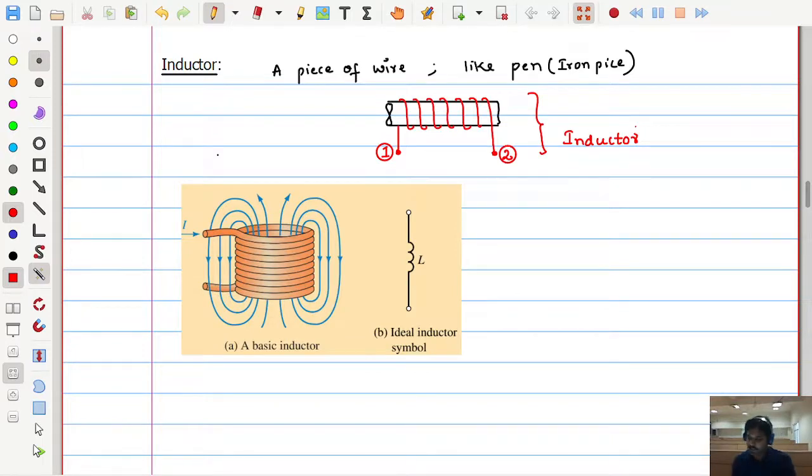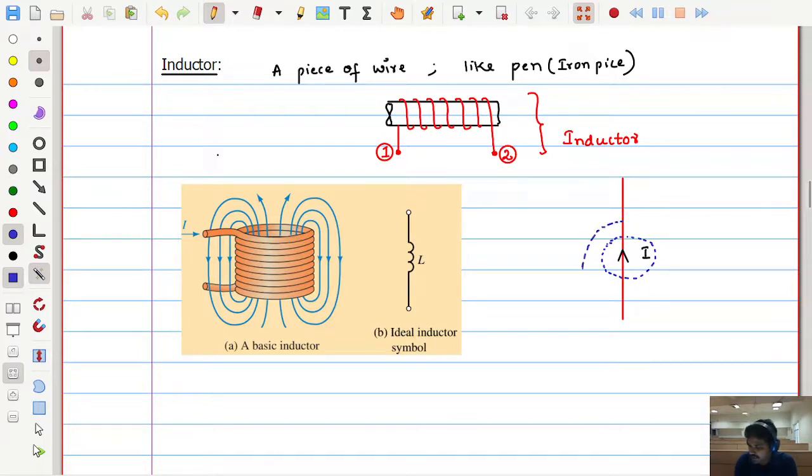Now let us see what is the property of a conductor initially. If I have a straight conductor, which I have not made into a coil yet, so assume that it is a straight conductor like this. If it is carrying a current of I amperes, what might be the general effect, which we can recap from our physics concepts, that when a conductor is carrying current, it establishes flux around the conductor.